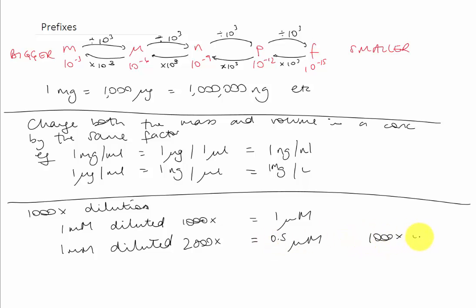So that's 1,000 times with the prefix and 2 times. So 1,000 times 2 is 2,000 in the actual number. It's probably a better way of saying that, but I can't think of it right now. Okay.